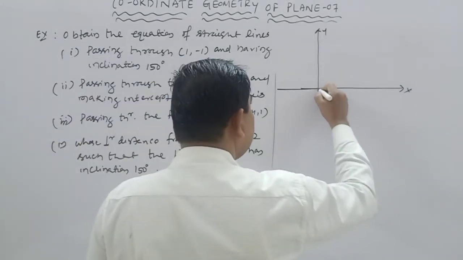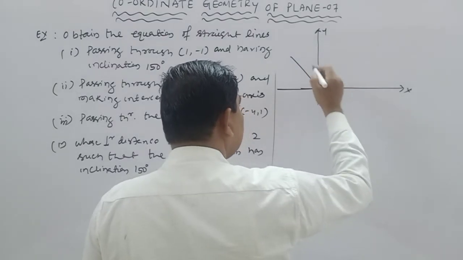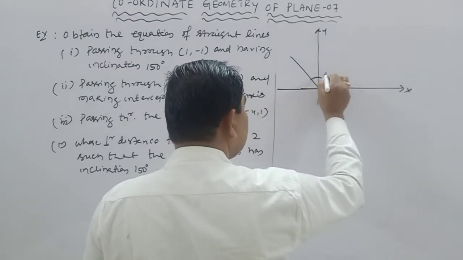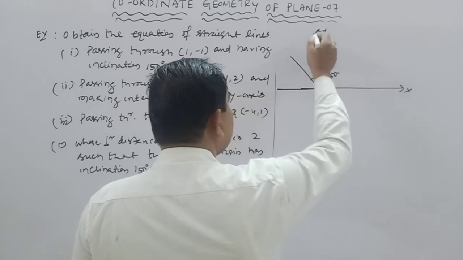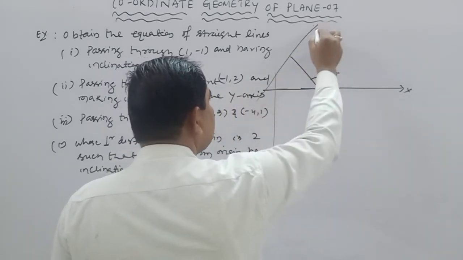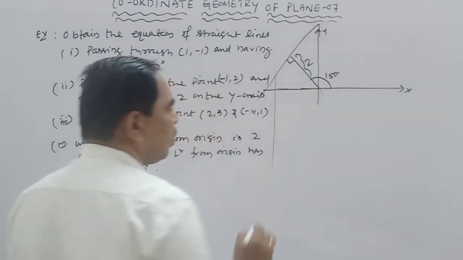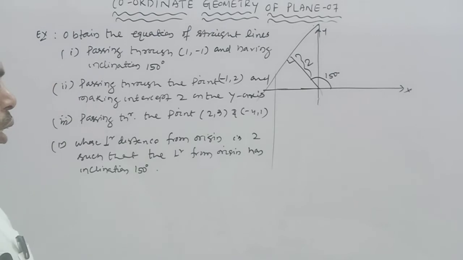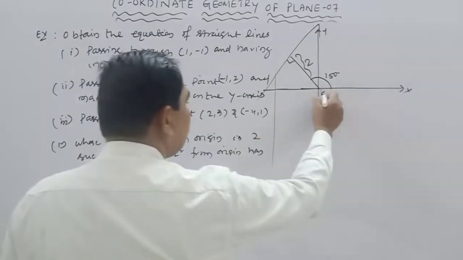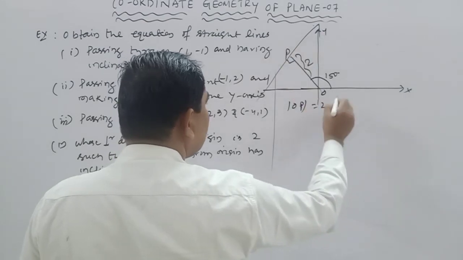This is the origin, this is 150 degrees. This is the line, this is the perpendicular. So this length is 2, given. This is O, this is P. So OP length is equal to 2, given.